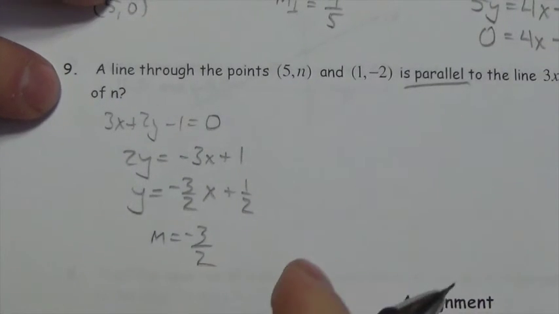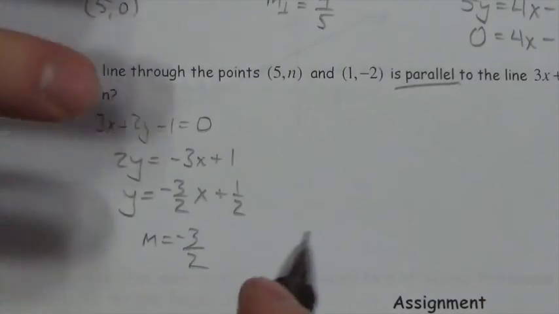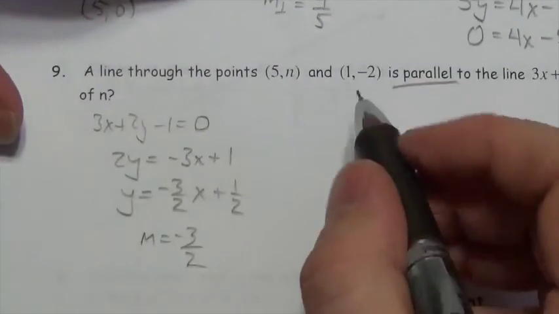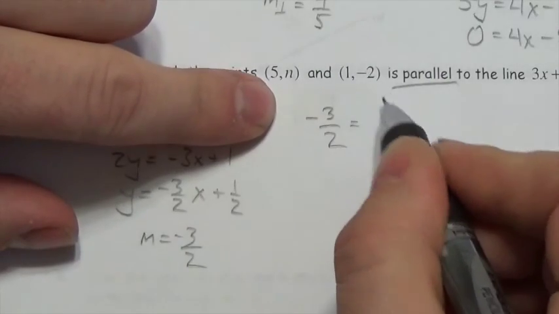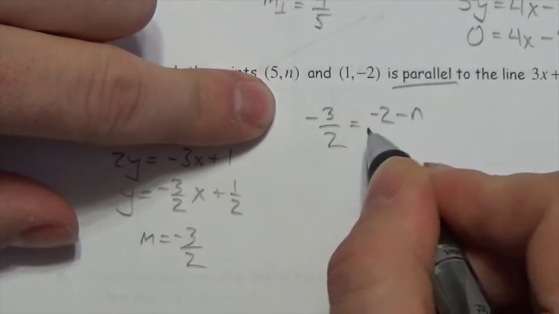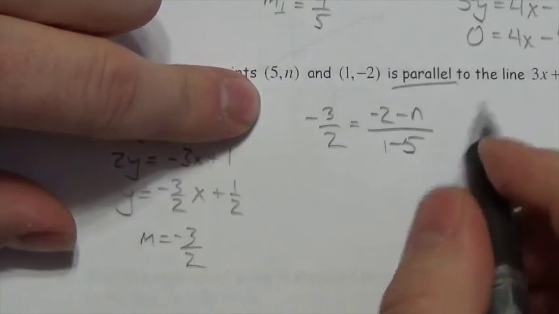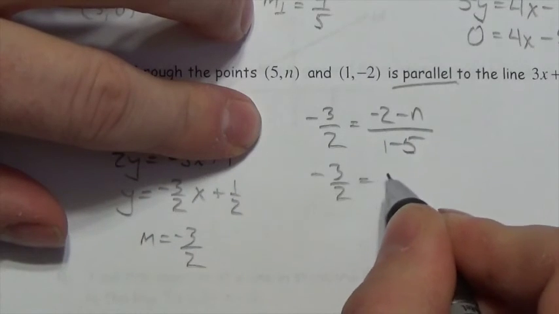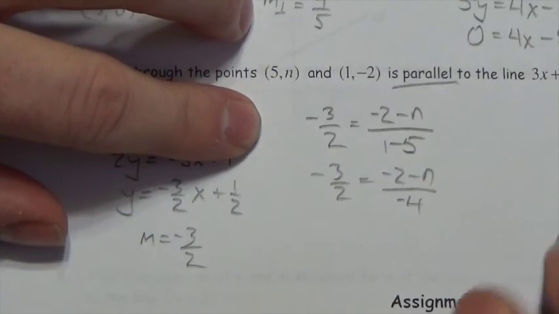Okay, so the slope of the line segment going through those 2 points is negative 3/2. So now I've got these 2 points here. I'll just use the slope formula. I know that the slope will equal negative 2 minus n over 1 minus 5. Now, I'll do a little bit of simplifying here. This is negative 3 over 2 is equal to negative 2 minus n over negative 4.